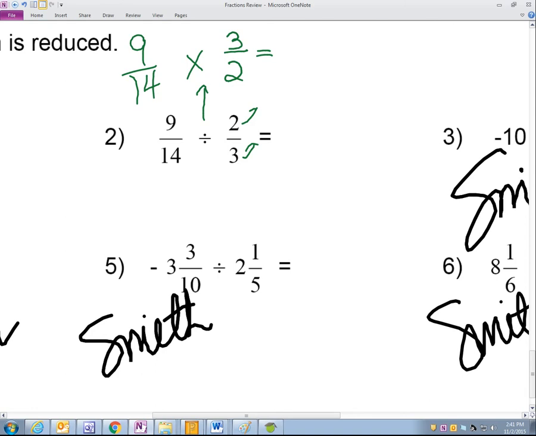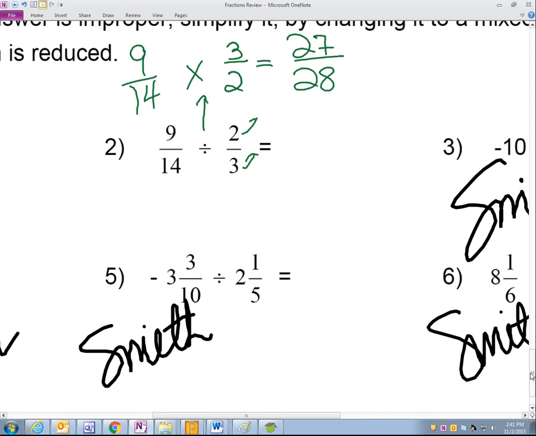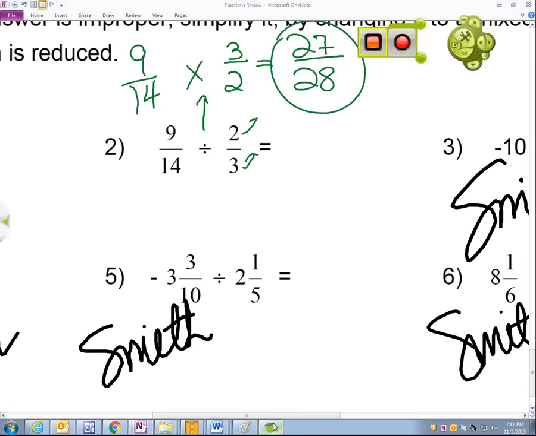So now I have 27 over 28. 27/28, and that's my final answer. It's just like multiplication, except for the keep, change, flip. Goodbye.